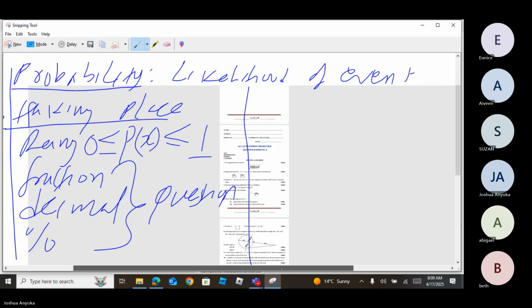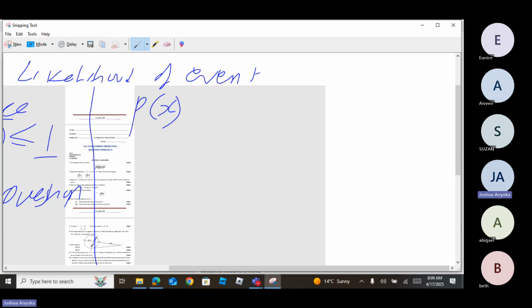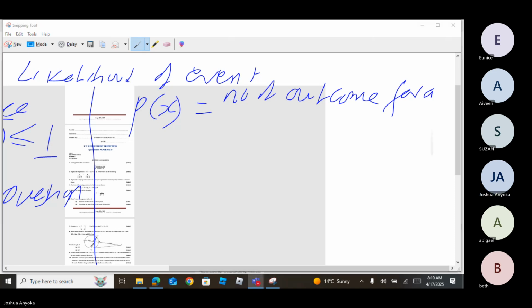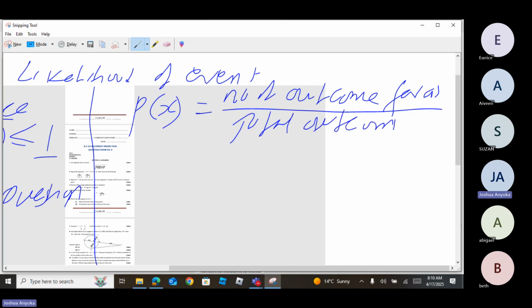The probability of event X taking place is equal to the number of outcomes favoring the event over the total outcome. The total outcome is the one we call the probability space. So the probability of event X taking place is equal to the number of outcomes favoring occurrence of event X over the total number of outcomes expected in that situation.